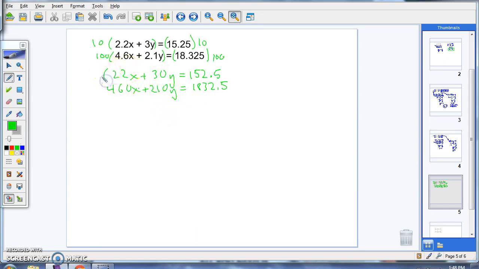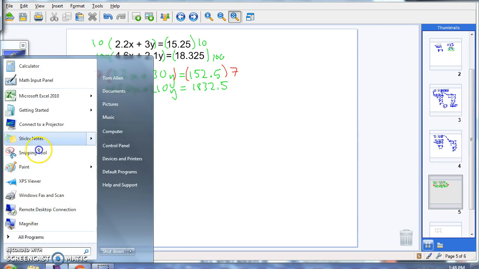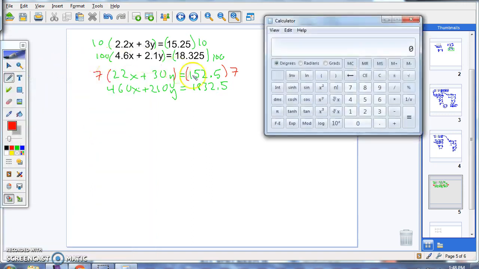So I'm going to multiply this top equation, in red, by 7. And I'm going to use my trusty calculator just to check my work.